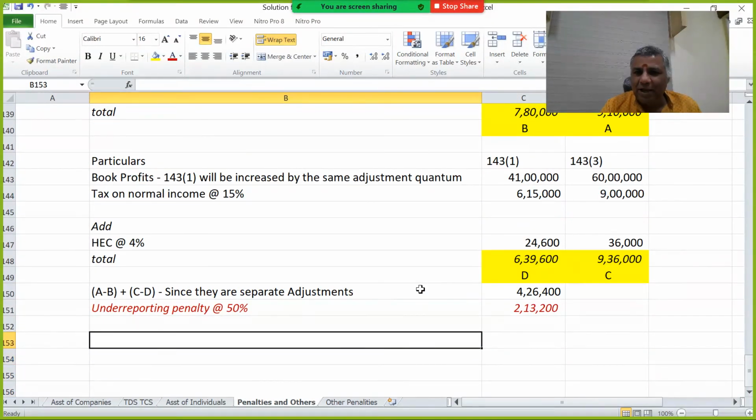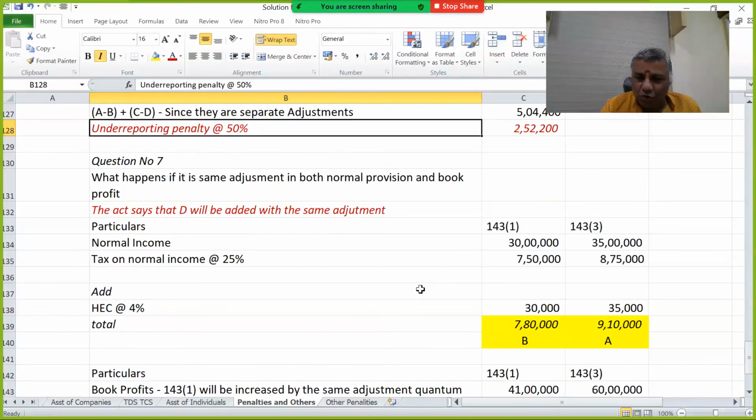So the penalty will be 213,200 as against 252.